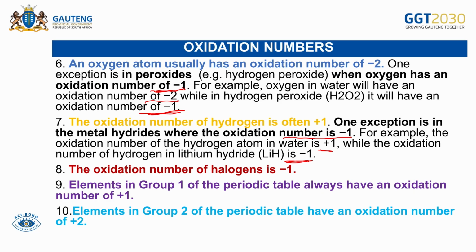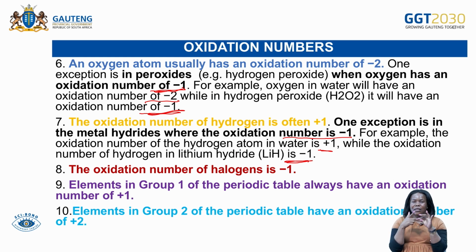And we did speak about that. Remember, we spoke about 8 groups that we mostly focus on: group 1, group 2, group 13, 14, 15, 16, 17, and then 18. Group 1 is +1, group 2 is +2, group 13 is +3, and group 14 can be positive or -4. Then the next groups can be -3, -2, and then -1.